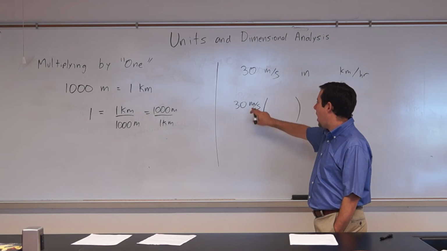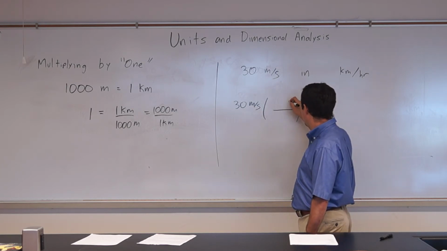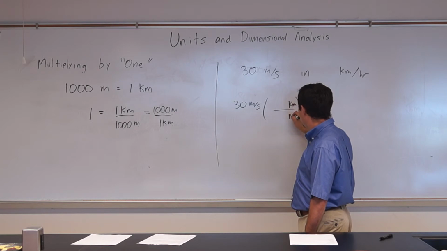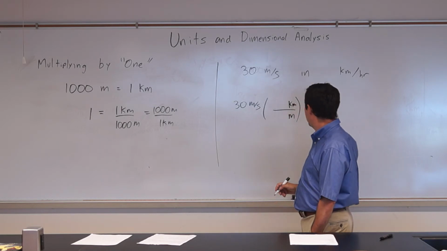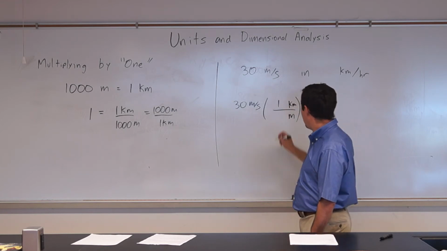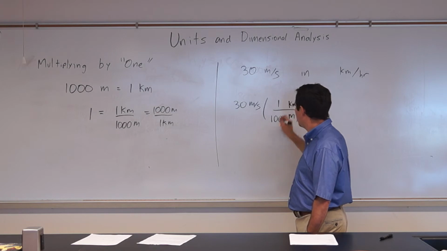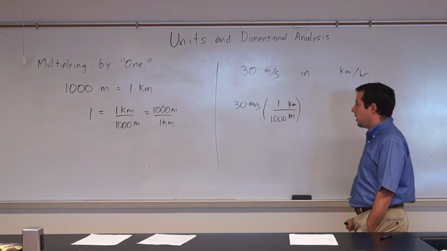So we already know how to change meters to kilometers. We need something with kilometers up top, meters on the bottom, so that this can cancel out that. And so we put our ratio in here, 1 kilometer equals 1,000 meters. So that corrects the numerator right there.